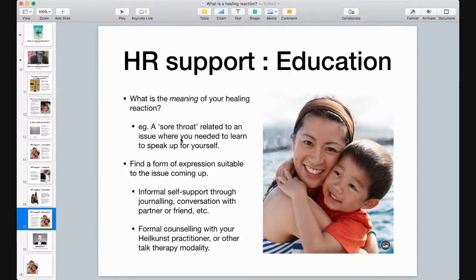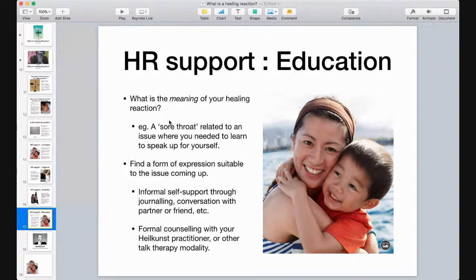And more specifically into the healing reaction, as far as this jurisdiction goes, when you're going through a healing reaction, that's the ultimate job you have, to really understand what is the meaning of this healing reaction. What is the lesson that I'm learning here? And I just made up an example here. Let's say you have a healing reaction that involves an intense sore throat.